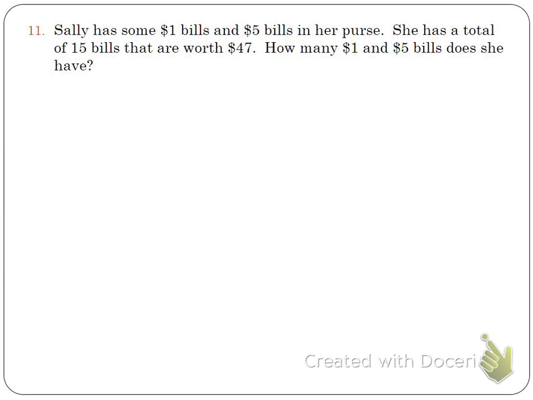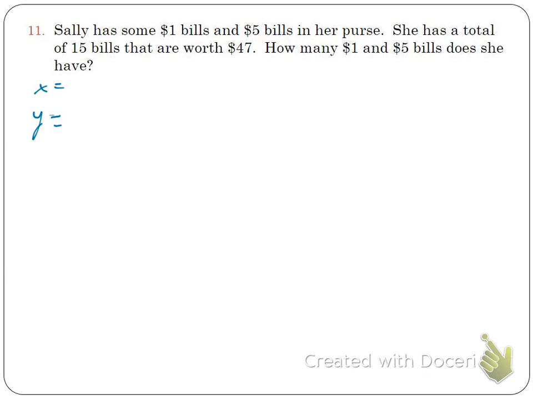Okay? Here's a situation where there's two things we don't know. We don't know how many 1s she has. We don't know how many 5s she has. So there are two things we don't know, which means we're going to have two variables, an x and a y. In this particular situation, how we define those does not matter. The number of $1 bills in her purse is not dependent upon how many $5 bills she has in her purse.